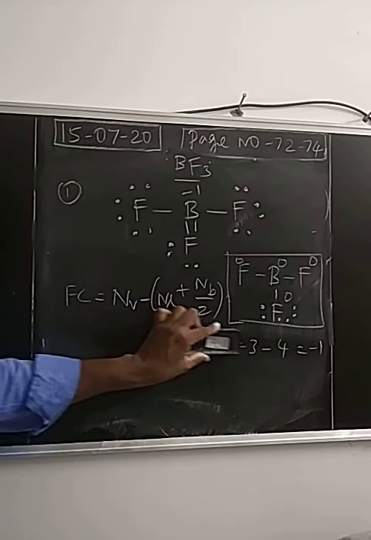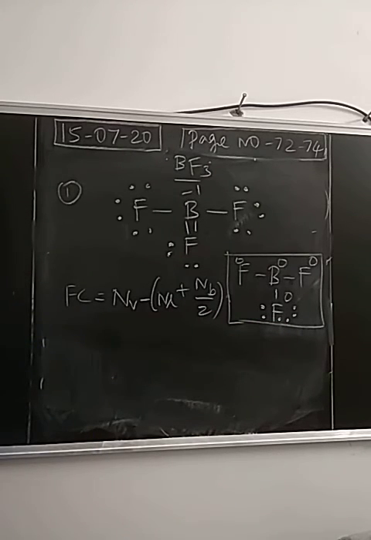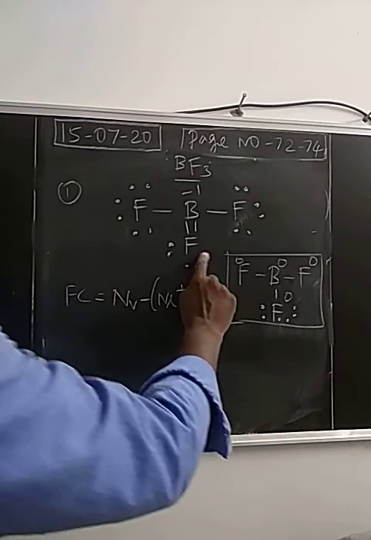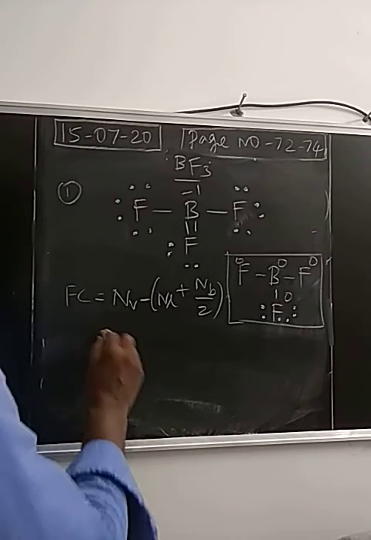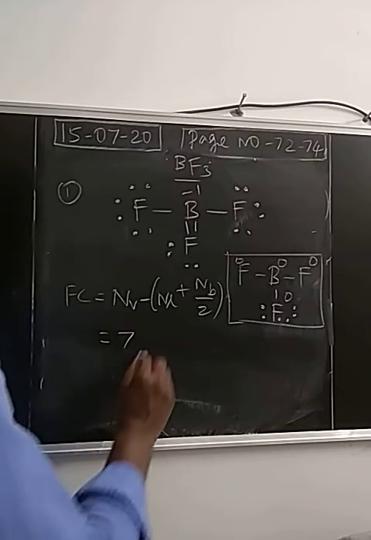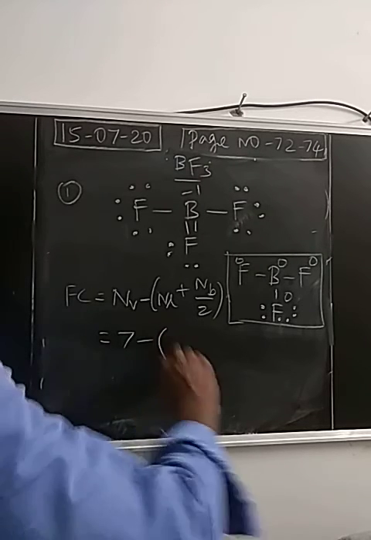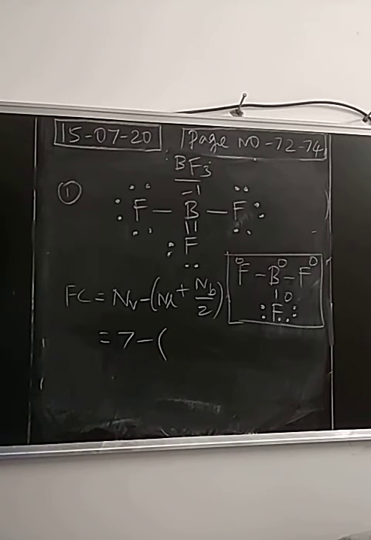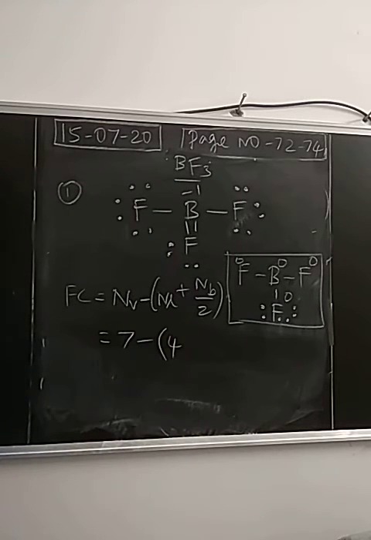Next, what is the formal charge on this fluorine? As usual, fluorine has valence electrons 7. Next, the number of electrons present as lone pair: only 4 electrons, 2 lone pairs of electrons.